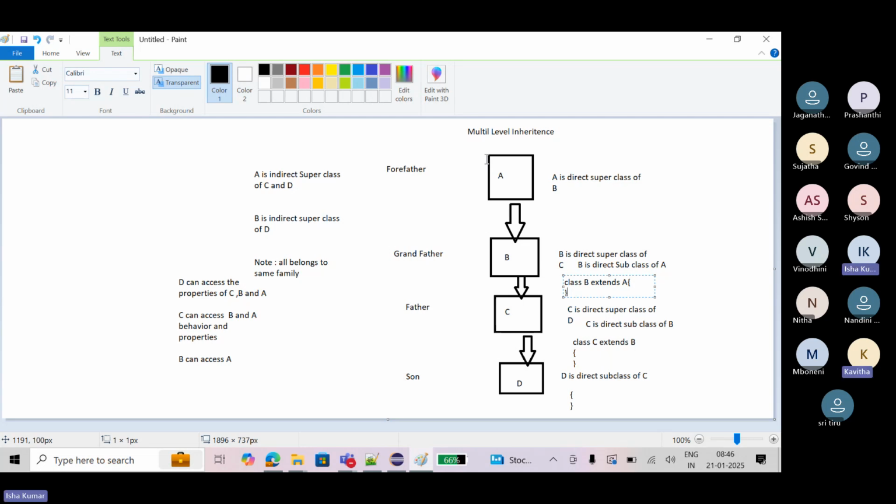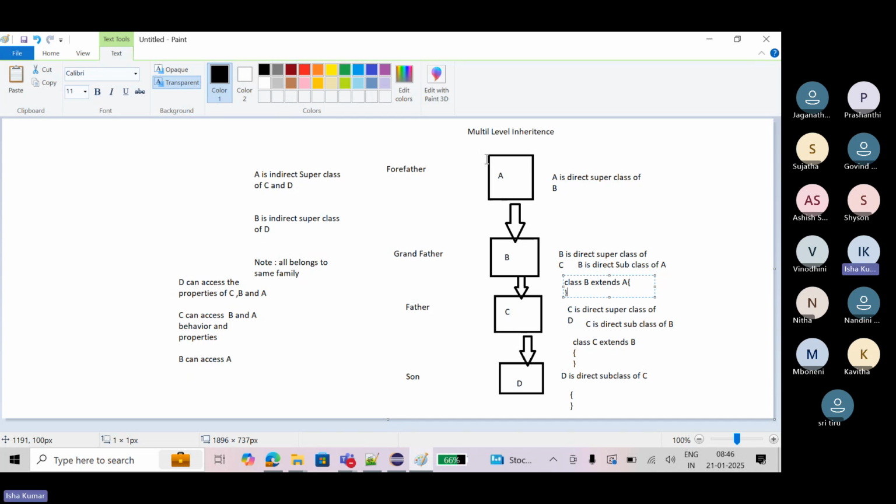If you go to any Maruti Suzuki showroom, whether you take a 4 years back car, or 1 year back car, the latest car launched in 2025 has the properties and behavior of all the old cars. Correct or not?